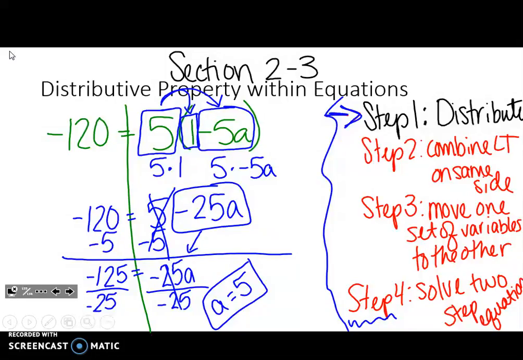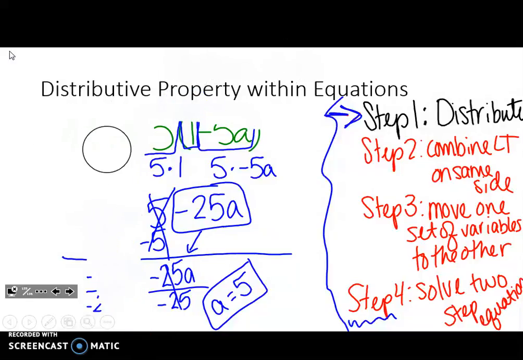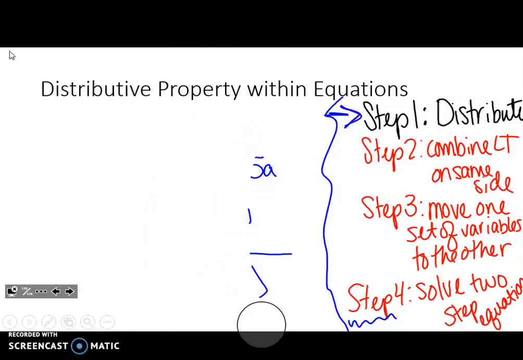Again, these last two problems and the distributive property should all be a review from your 7th grade year. Now we're going to throw in another step into the problem.